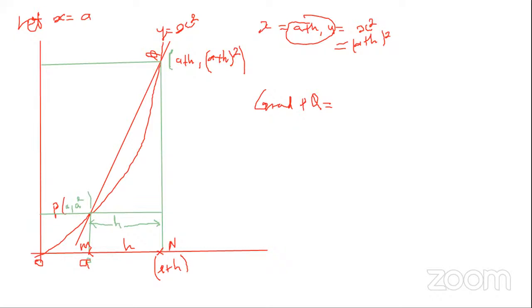But all of us said we know how to find the gradient of a line. So how do we find the gradient of PQ when we have the coordinates of P and Q? Kellen?